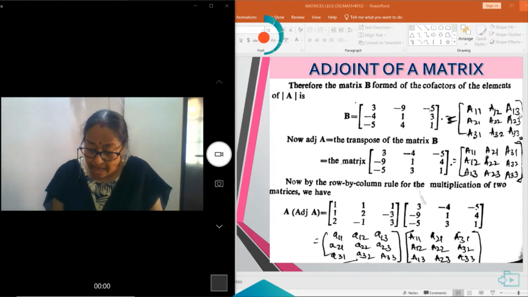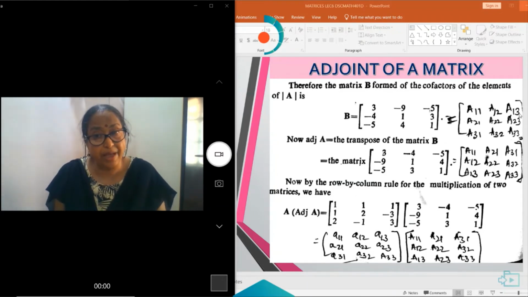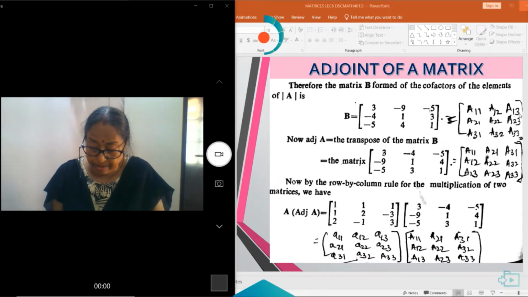You can see, when we multiply the first row of A into adjoint A, we multiply small a11 into capital A11, plus small a12 into capital A12, plus small a13 into capital A13.